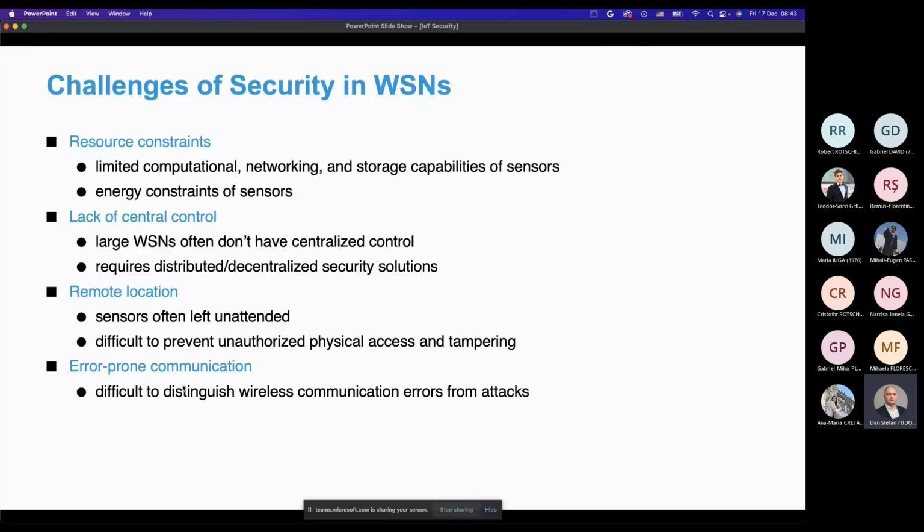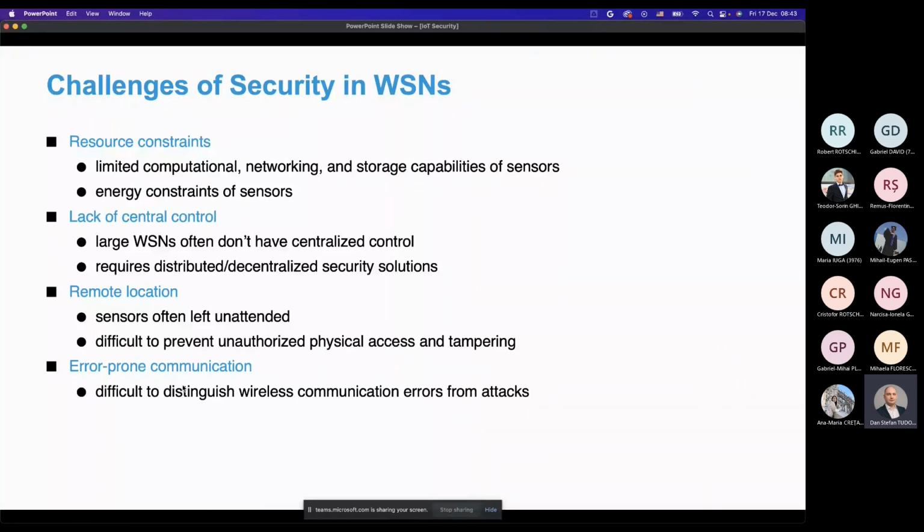There's also an aspect of energy constraints. Usually you have devices which are powered by batteries. So whenever you have a computationally intense task, this will mean that you will need extensive energy resources available, which are certainly not available in most IoT applications. There is also a lack of central control, so it's often unfeasible to have a certain point of control in sensor networks.